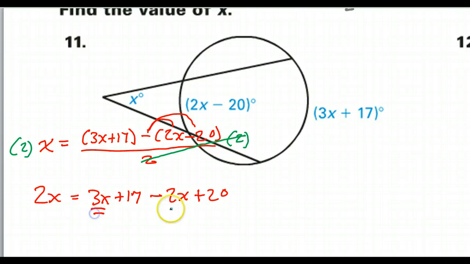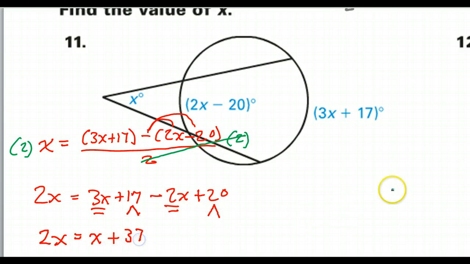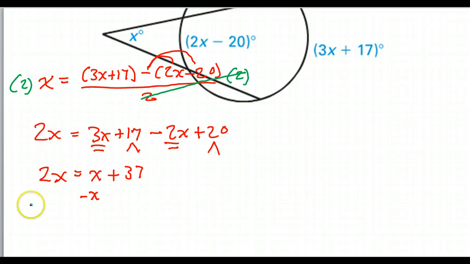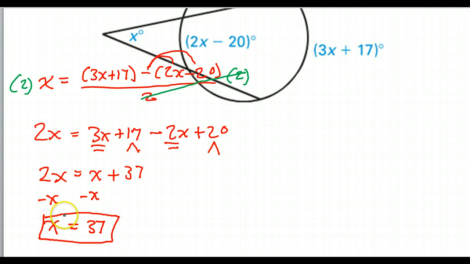Now I'm combining like terms. The 3x minus 2x is just x. So that's going to give me 2x equals x, and then the positive 17 and the positive 20 is 37. So I've got x plus 37. Time to subtract x from both sides. So that's just going to give me x equals 37. All right, that was not so bad. So that was number 11.